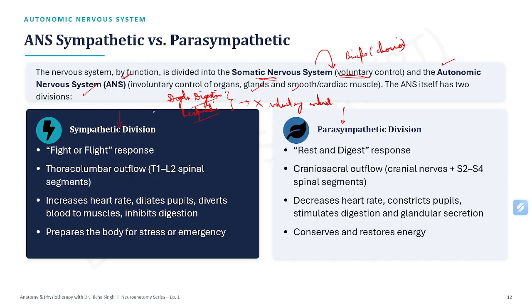The sympathetic division of nerves is a system of those nerves which will help you to regulate your body in a fear, fight, or flight reaction. Say, for example, a dog is running behind you. This is a type of fear, fight, and flight reaction.